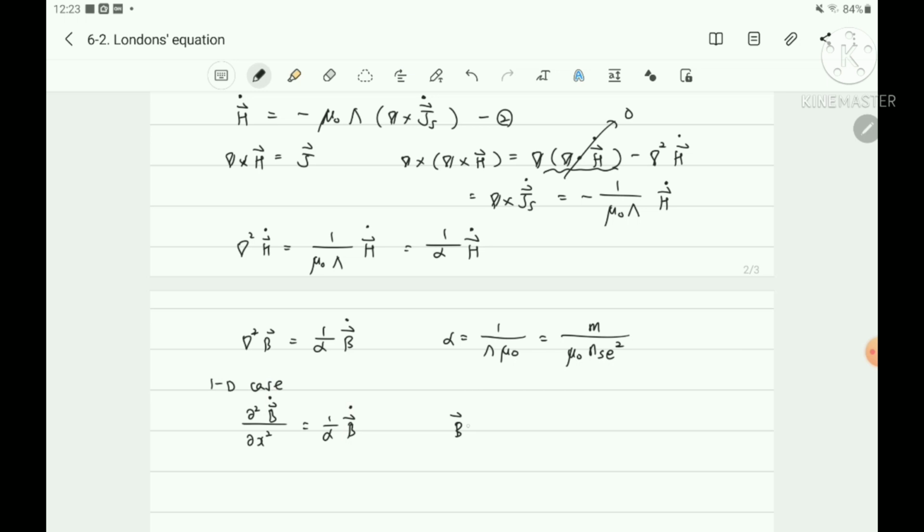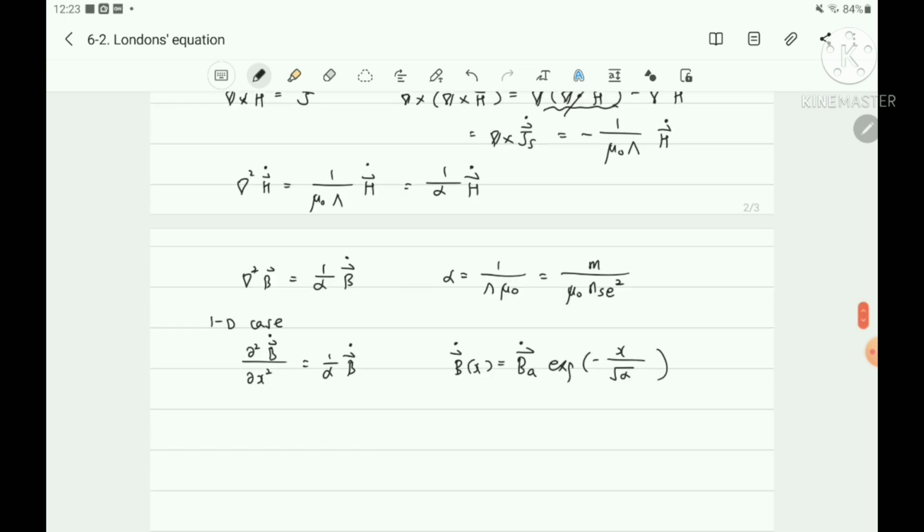Therefore B dot of x is B dot at zero times exponential of minus x over square root alpha. This is the magnetic behavior of a perfect conductor, not a superconductor.